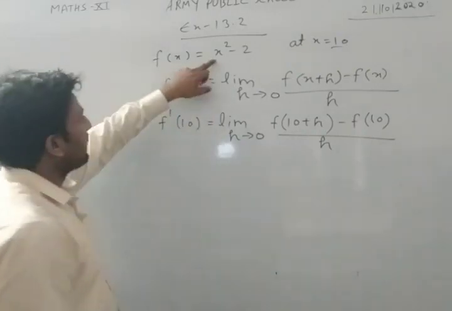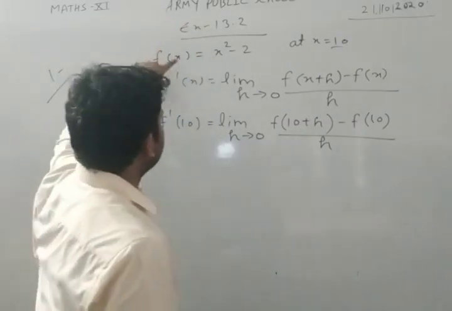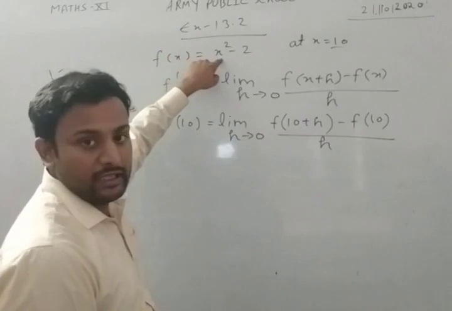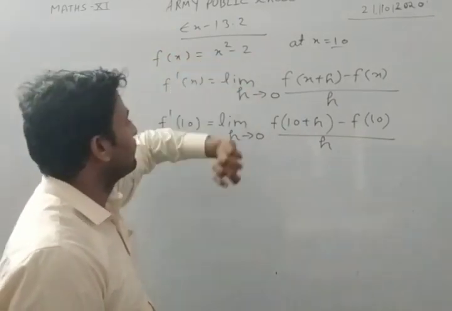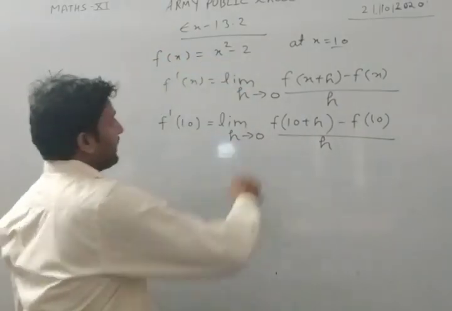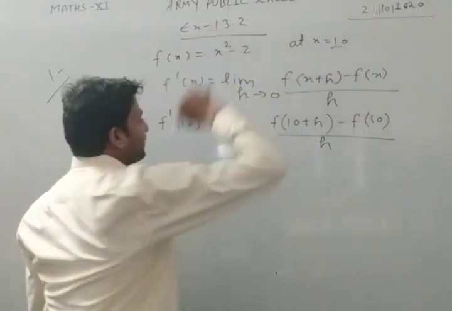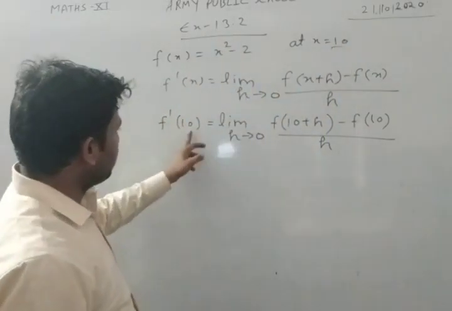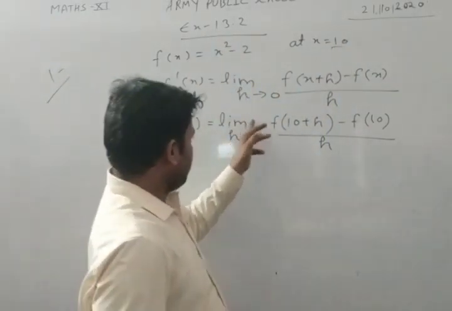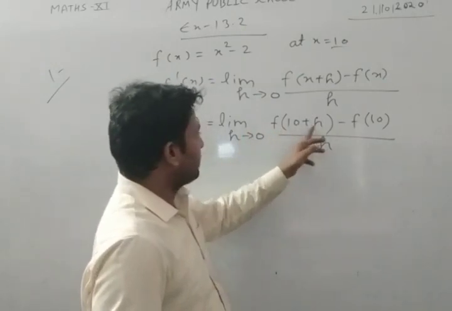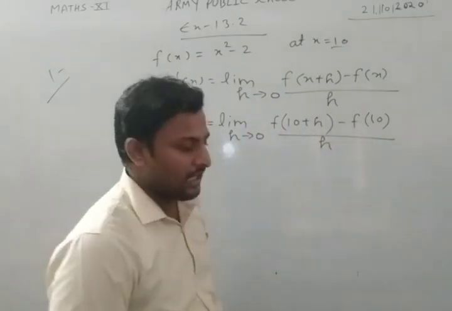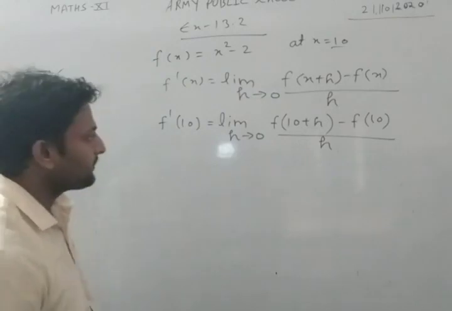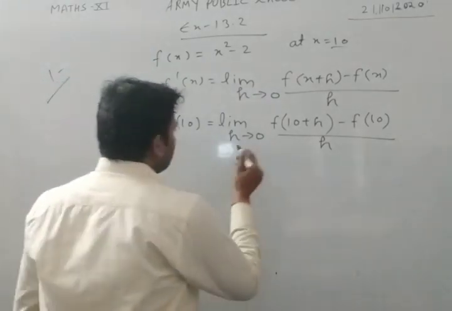Now we put the value in the function. If here is x, then we are getting x square minus 2. So we have to find the value at x is equal to 10, so we replace this with 10. Limit h tends to 0, f(10 plus h) minus f(10) by h. Now we put the value.